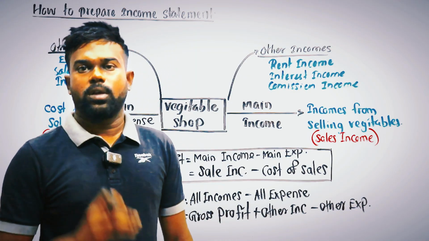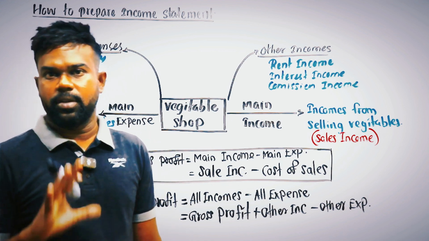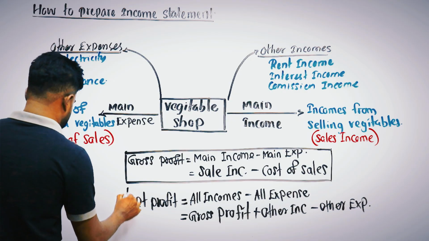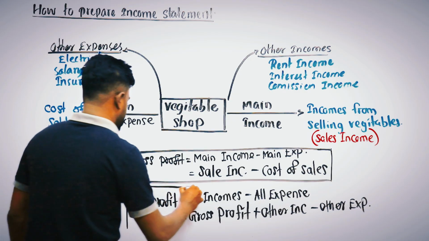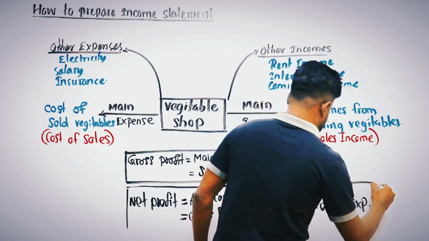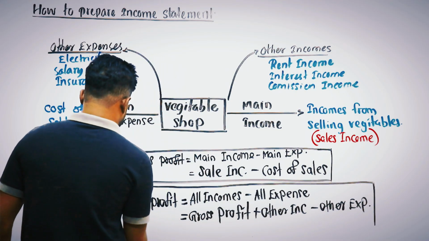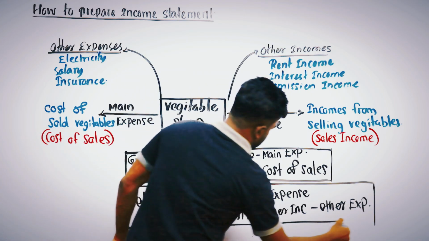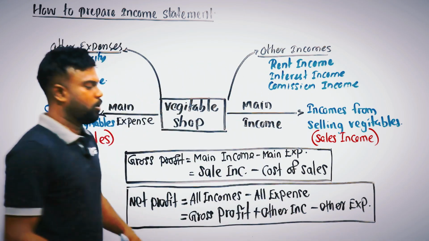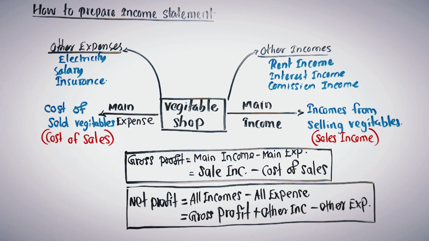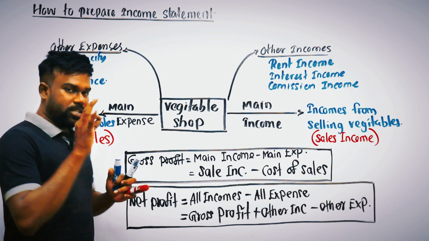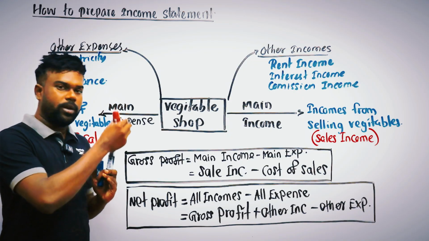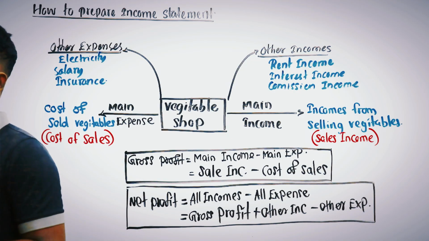So these are the two concepts. Now we are going to prepare a statement called an income statement using this second equation. Can you understand? First of all, can you write down this one in your CR book? First of all, write it down.